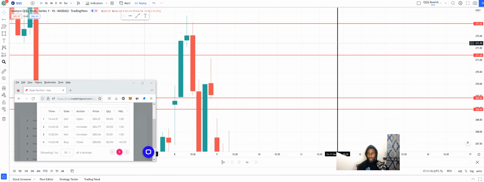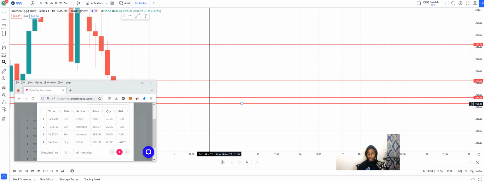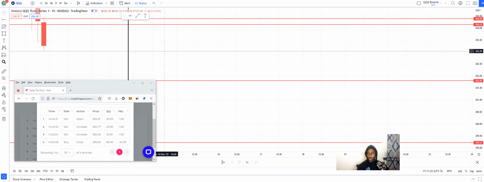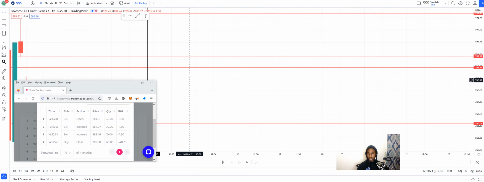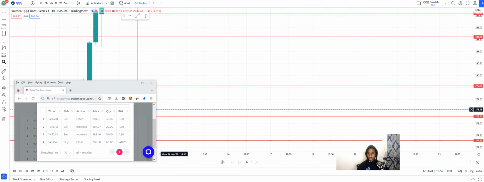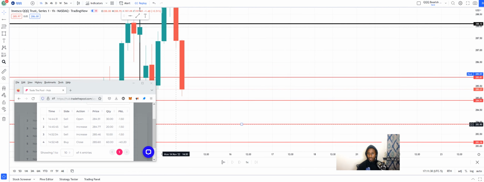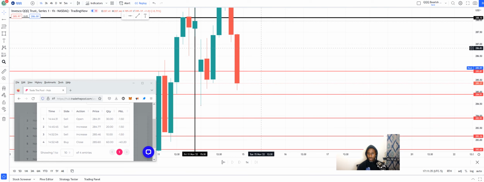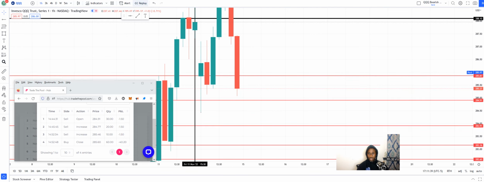So it's not that, it's more over here. So remember this black line, 285, so it's up here. Why is it not replaying?